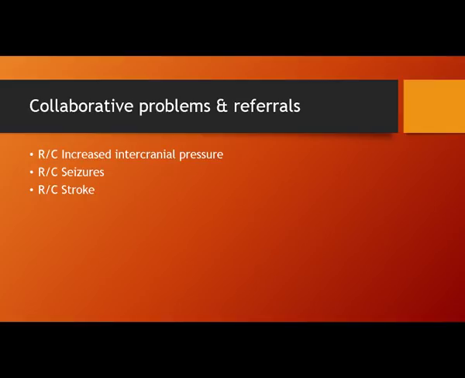Then risk of complications for seizures. If you see a seizure, first you'd want to assure the patient's safety, like, make sure that they're not next to anything that's going to damage them, get away from any danger. You want to have suction equipment available, but you can't leave them, of course, when they first start having the seizure to get that suction equipment.